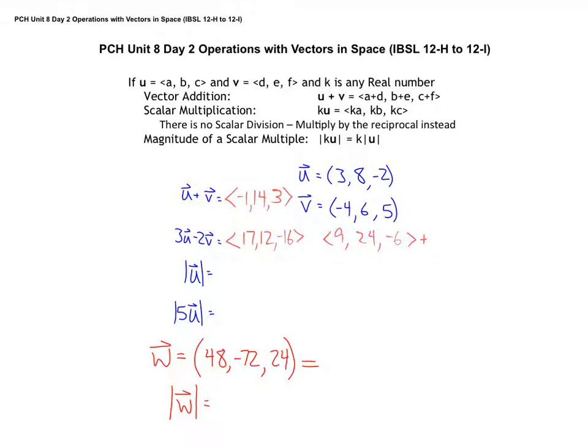So if I distribute a negative 2, I'd have a positive 8, negative 12, and negative 10. So 9 plus 8 is 17, 24 minus 12 is 12, negative 6 minus 10 is negative 16. So we were correct, the original answer there.